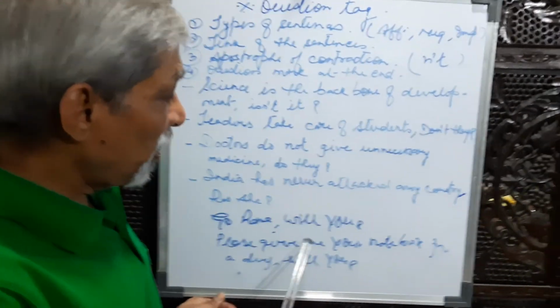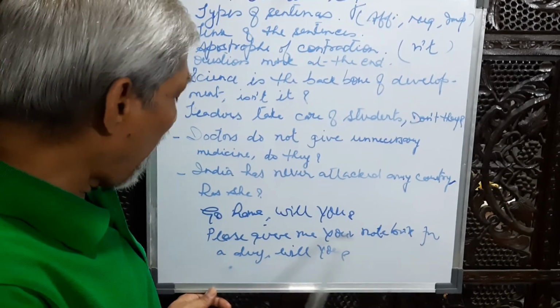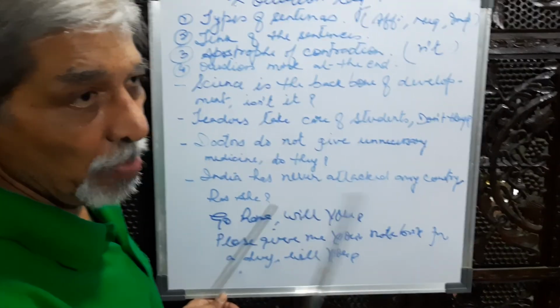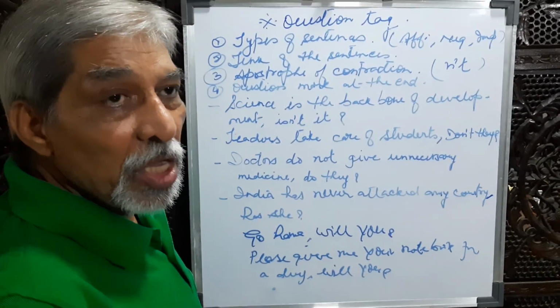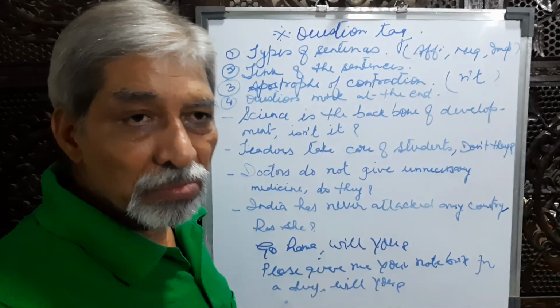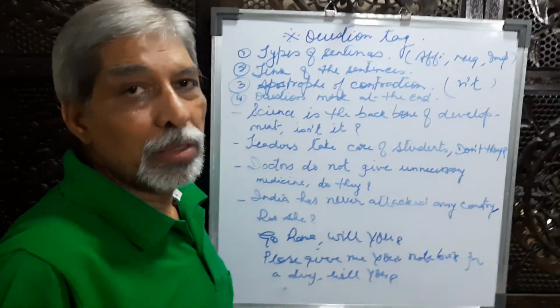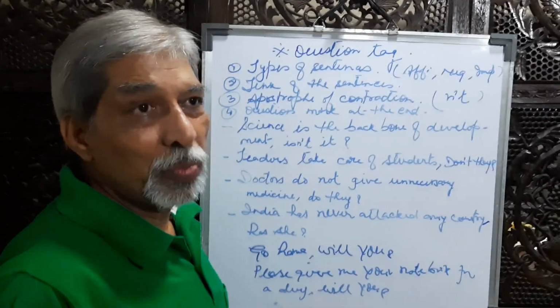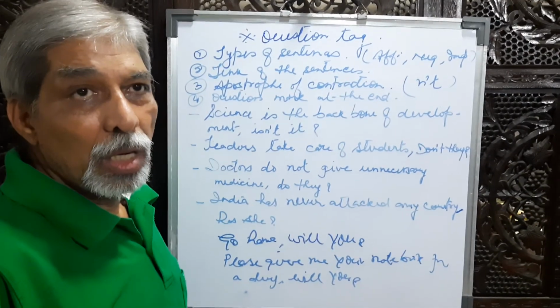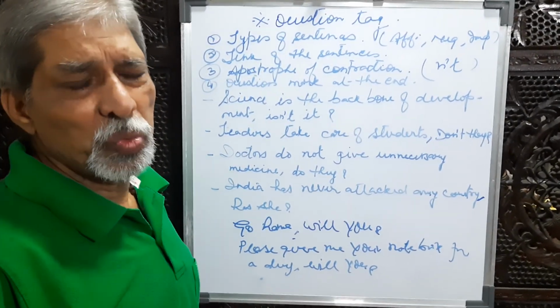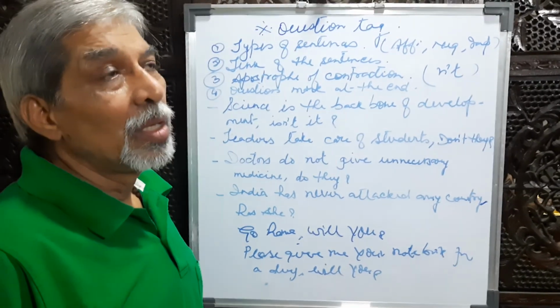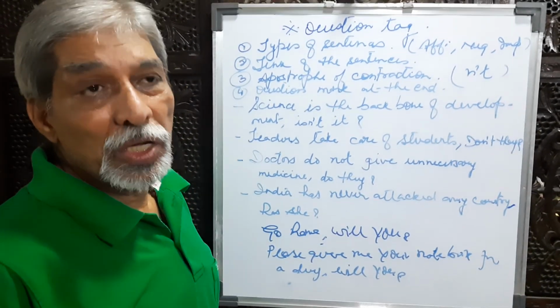Please give me your notebook for a day. It's a request, an imperative mood sentence. Will you. Do not disturb me. Will you. Do obey your parents. Will you. Take care of your belongings.